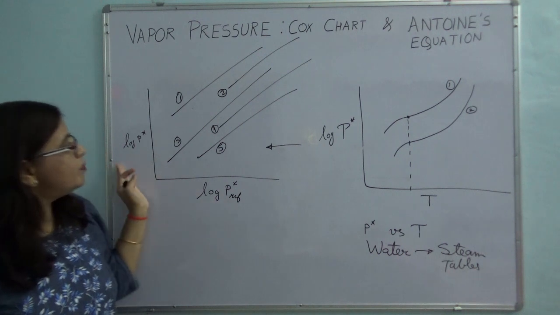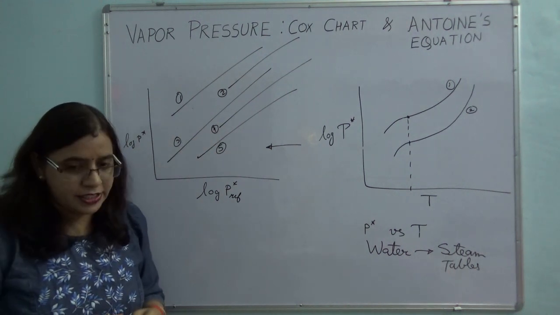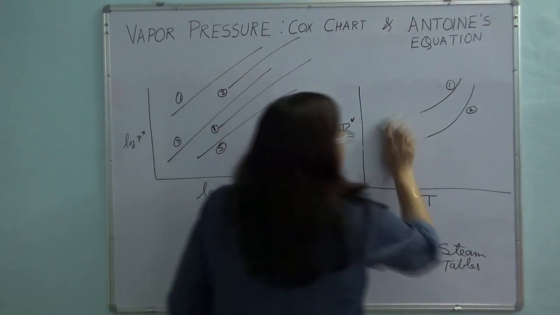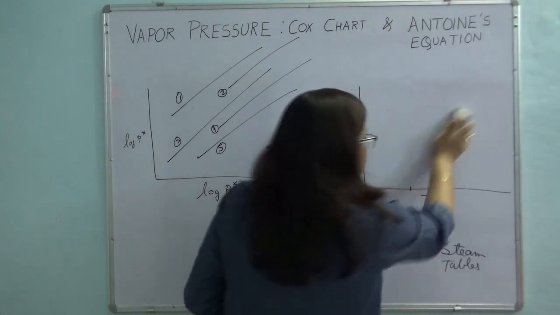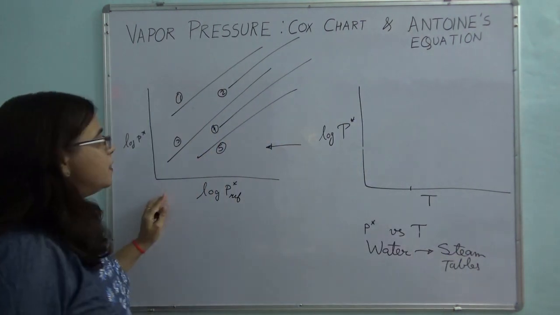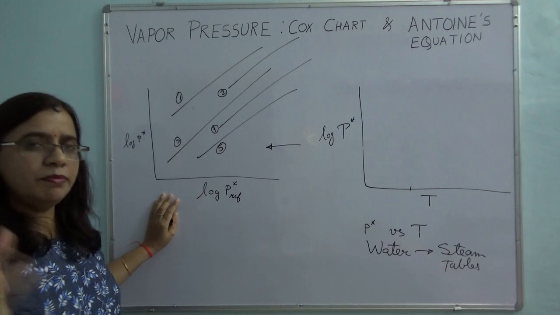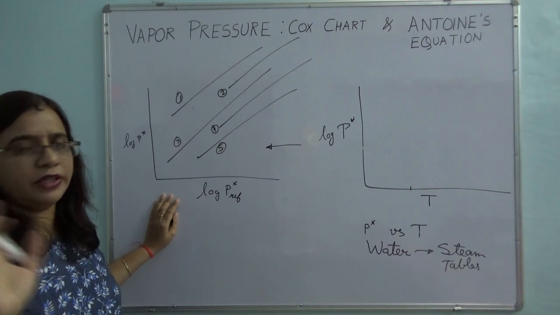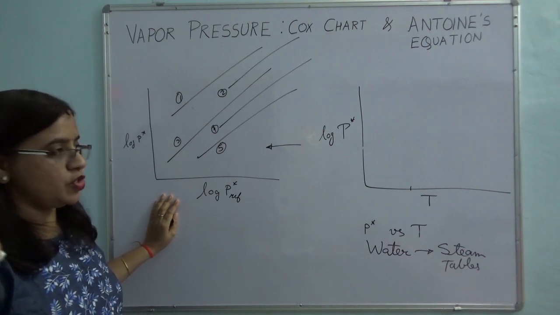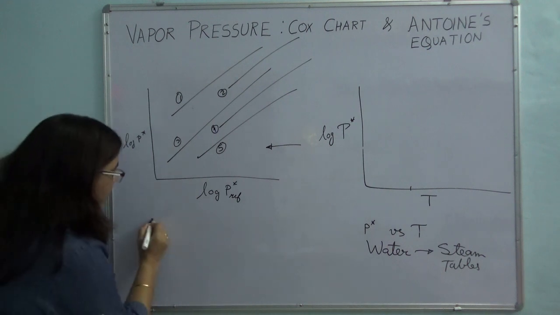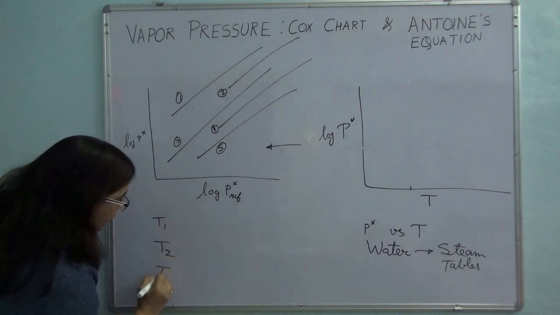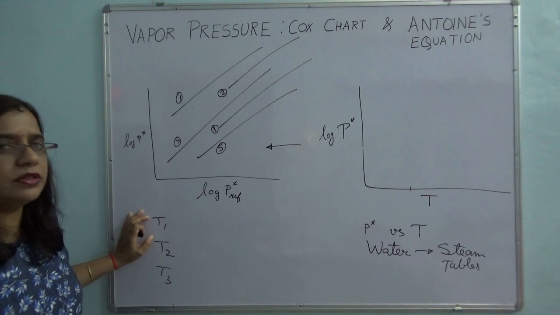So how do I plot such lines? First of all, I will select any 2 or 3, minimum 2 or 3 or 4, that many temperature points. So I have found T1, T2, T3. Let's start with only 3 points.